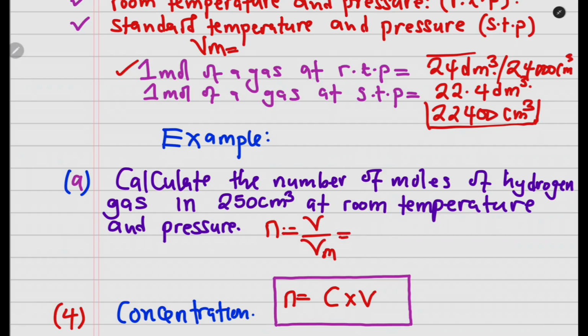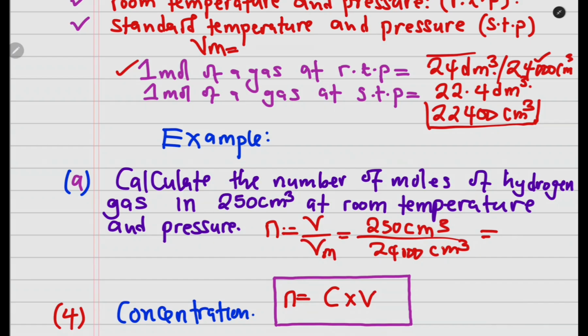So what are we given as a volume? The volume we are given is 250 cubic centimeter. Immediately you see this, you cannot use the volume in decimeter of a gas at room temperature. So we cannot use Vm at 24 decimeter cubed. Instead, we have to use the one that is in centimeter. So you're going to use 24,000 centimeter cubed per mole.